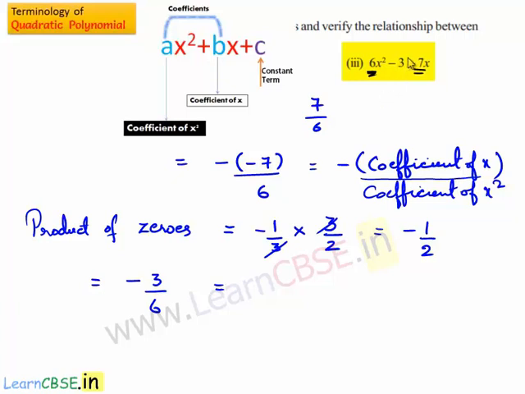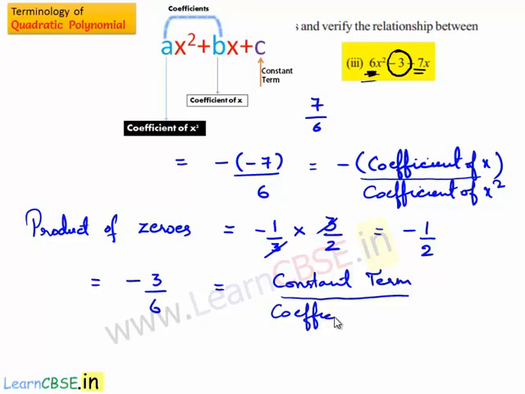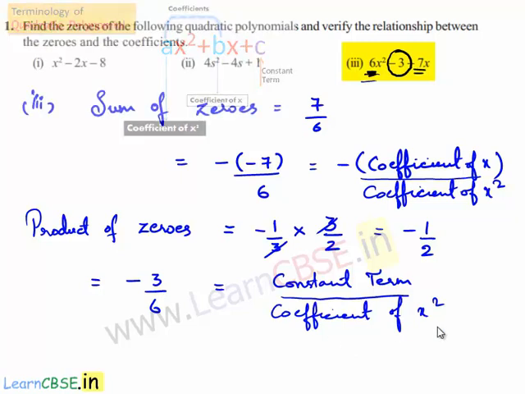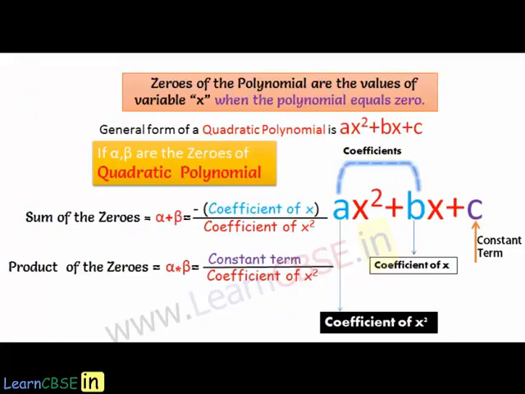Here, if we observe, we can say that minus 3 is the constant term divided by 6, which is nothing but the coefficient of x square. So the relation is product of the zeros is equal to constant term divided by coefficient of x square.